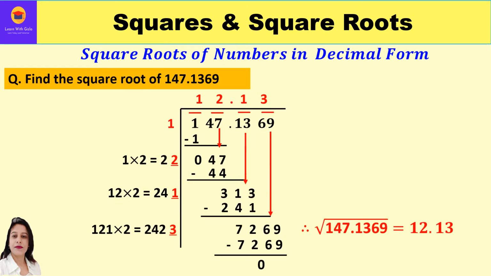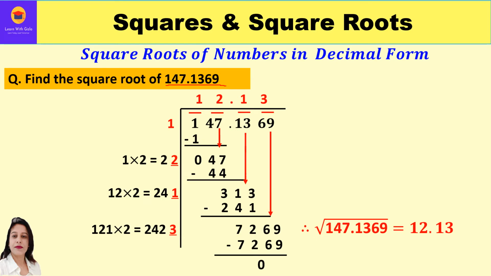Now let me explain all the steps with the help of a question. Find the square root of 147.1369. This number is in decimal form and I will be using the long division method to solve it. In the long division method, we all know we first have to make the pairs.